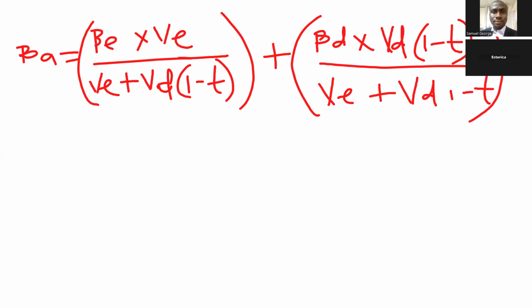BE is beta equity, VE we are already aware is market value of equity. So this is the formula for beta assets. Don't worry, the examiner will give this formula. You just need to know when and how to use it.